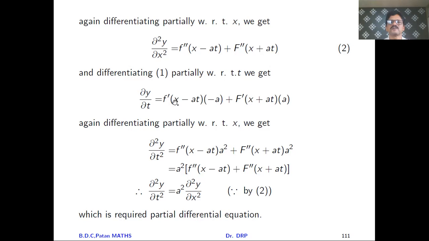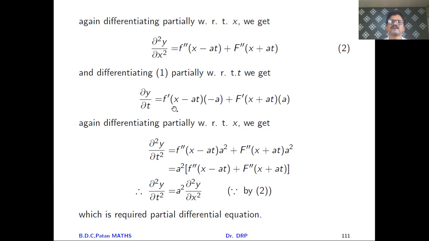X is constant means the derivative of this term is 0, and the derivative of this term with respect to t is minus a, a constant, into the derivative of t with respect to t, which is 1, plus the derivative of capital F of x plus at with respect to t. You will get capital F dash of x plus at into the derivative of x plus at with respect to small t, keeping x as constant, you will get it to be a.